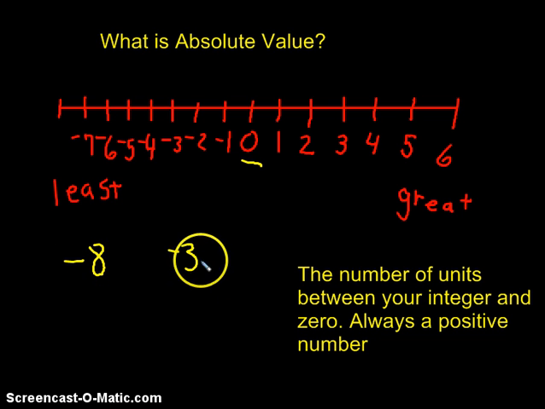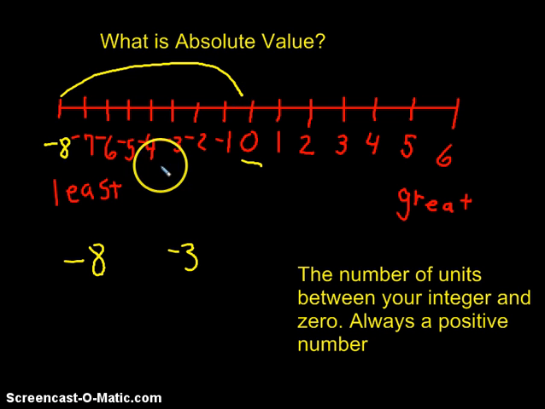Which one of these negative numbers is further away from 0? Well, obviously, -8 is 8 units away from 0, and -3 is only 3 units away from 0. Since -8 has the bigger absolute value, it's further away from 0, so -8 is smaller than -3. One more time, when we're comparing negative numbers, the farther to the left it is on the number line means it's smaller.